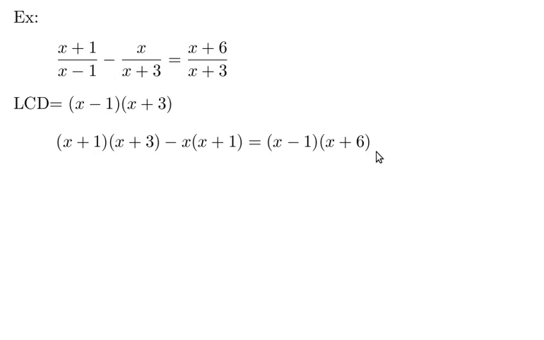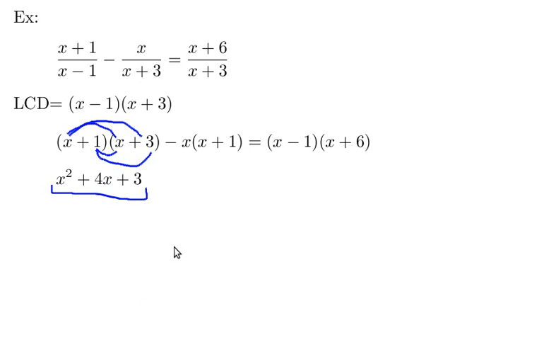Now we do a lot of multiplication, and we FOIL this out like that, and we will find that that turns into x squared plus 4x plus 3 for this part right here. Then over here we'll have minus x squared.